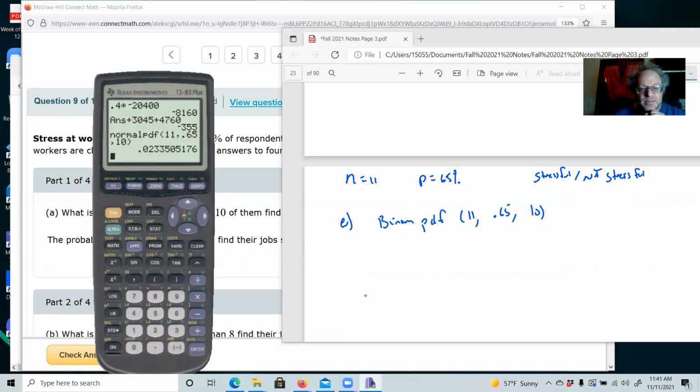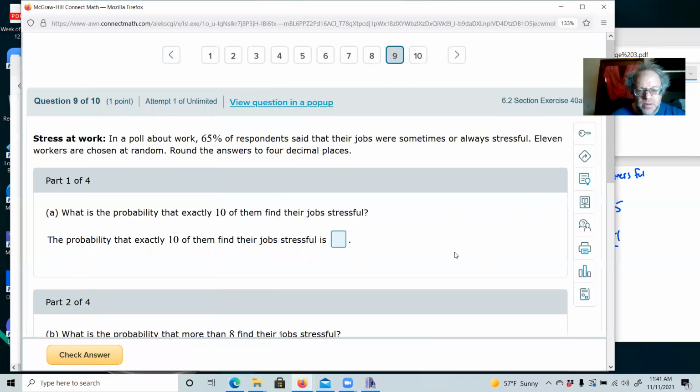We get 0.02335. I'm always going to go to four decimal places, so 0.0234.